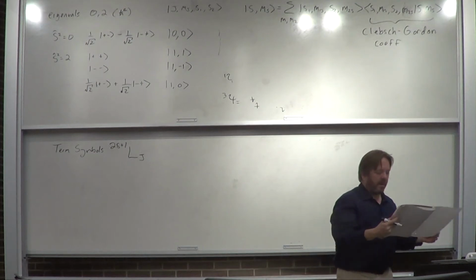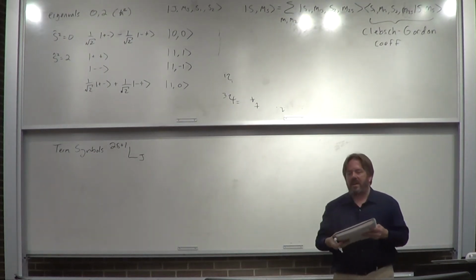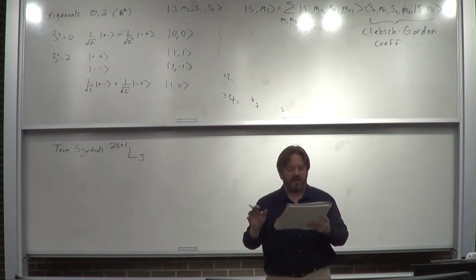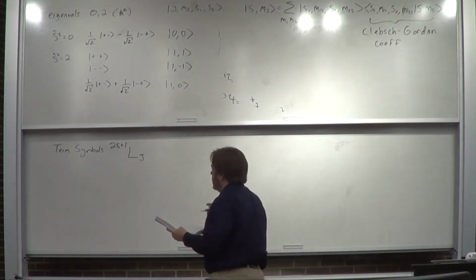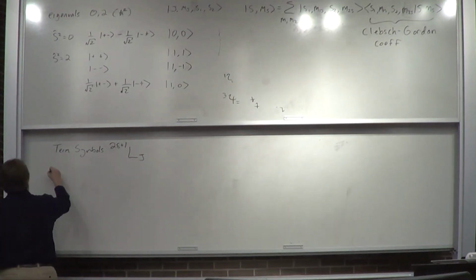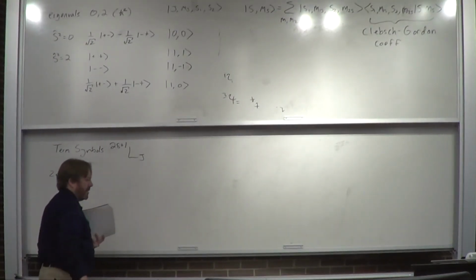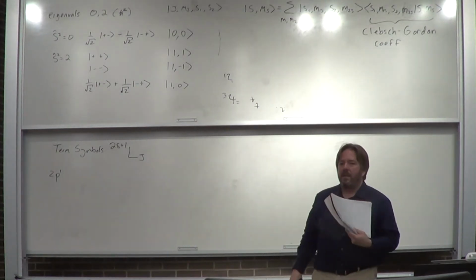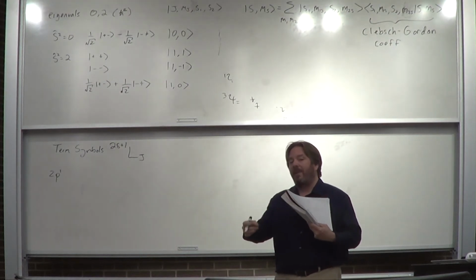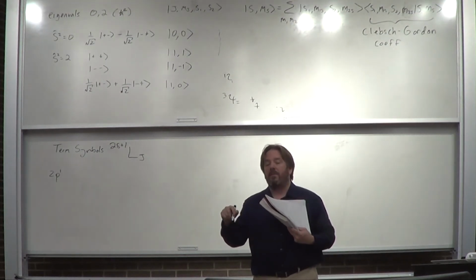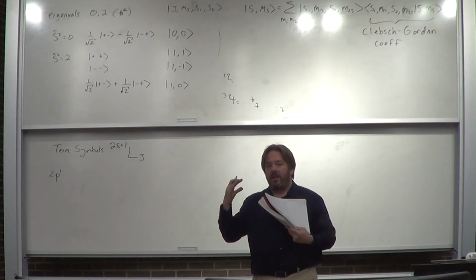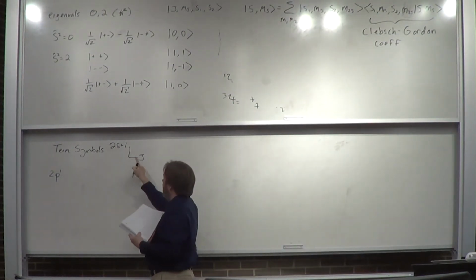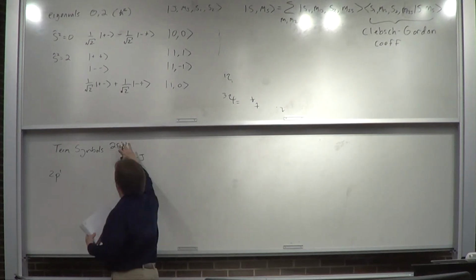So instead of adding 2 spins to get singlets and triplets, which is literally nothing else you can do with that, I'm now going to do a 2p1 hydrogen atom. So now we're going to figure out how to add the angular momentum from the fact that it's in a p orbital to the angular momentum of spin, up, down, to figure out what the total L is, and then we're going to get the term symbol.